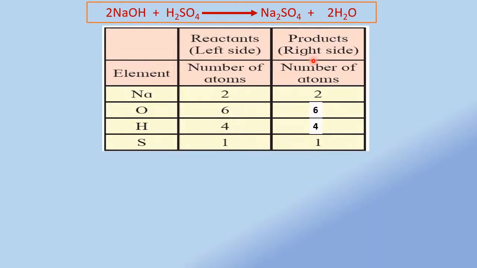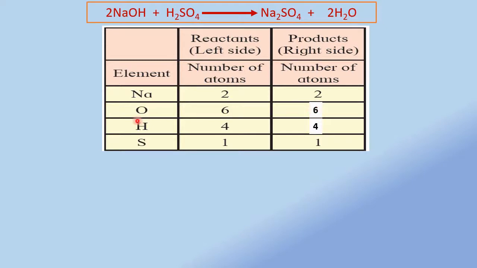Here you can see there are 2 sodium atoms on the reactant side and also 2 sodium atoms on the product side. There are 4 plus 2, total 6 oxygen atoms on the reactant side, and also 4 plus 2, total 6 oxygen atoms on the product side.